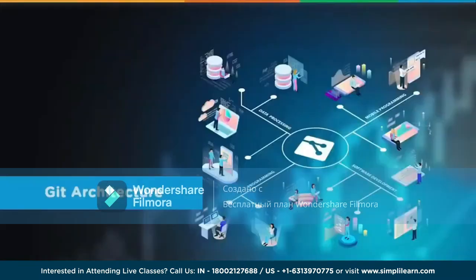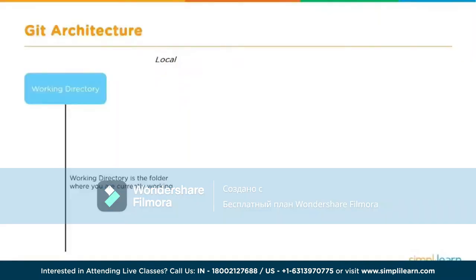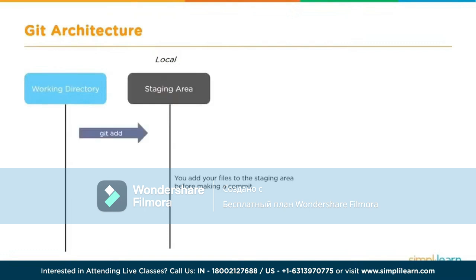So let's dig deeper into the actual Git architecture itself. The working directory is the folder where you are currently working on your Git project. We'll do a demo later on where you can see how we can simulate each of these steps. So you start off with your working directory where you store your files, and then you add your files to a staging area where you are getting ready to commit your files back to the main branch on your Git project.